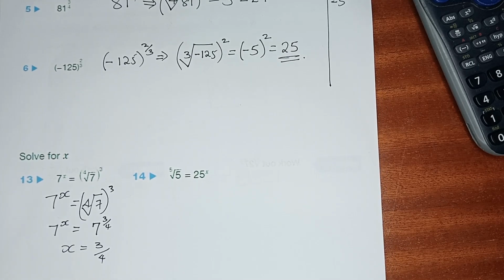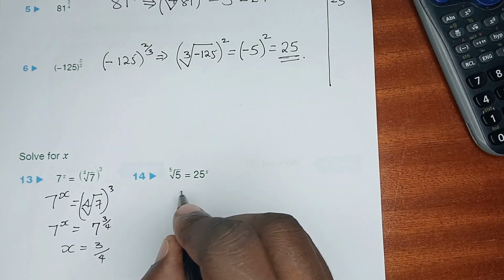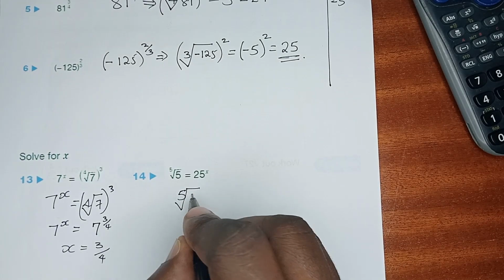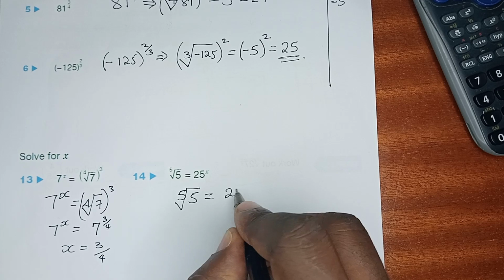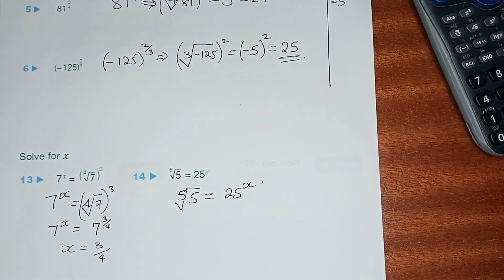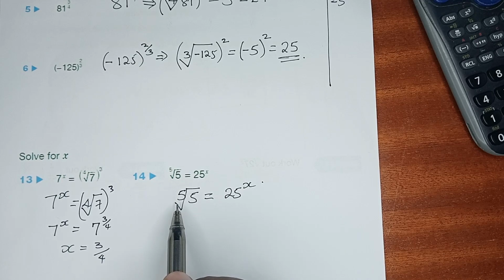Let us now go to question number 14, whereby we have the fifth root of 5, which is equals to 25 raised to power x. Again, we realize the position of this 5.